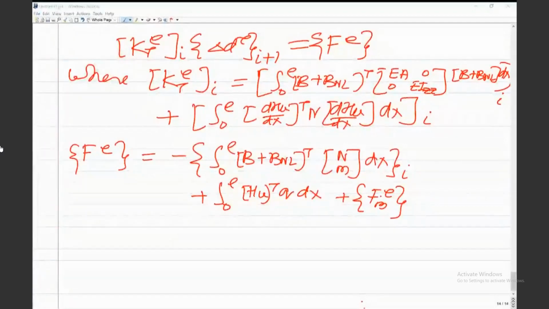Sir, like you said, there could be displacement in the axial direction also, U naught. But if we have a tensioned beam which is fixed at both the ends, do we need to consider this axial degree of freedom also, or can we even neglect it?